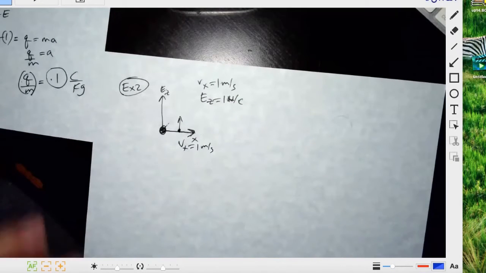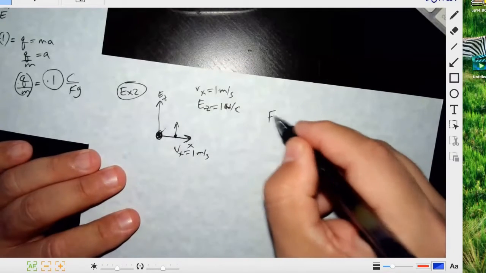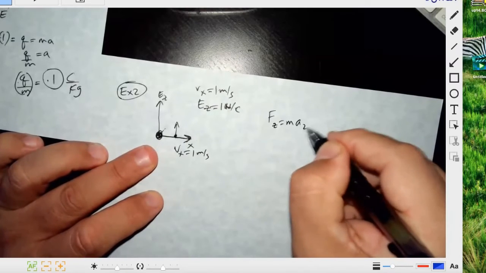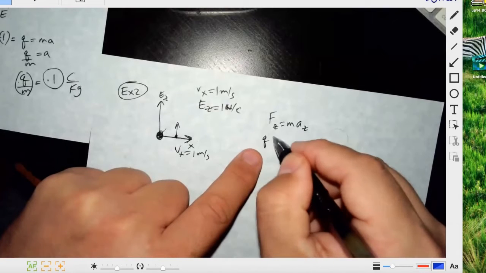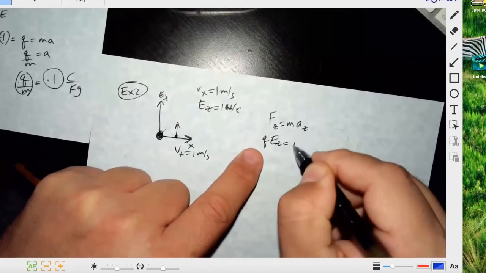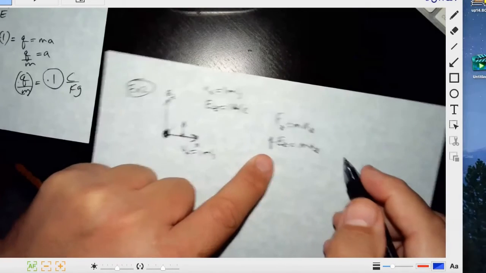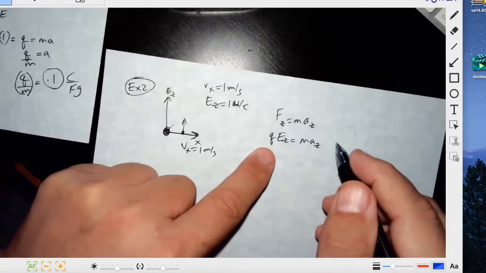So what kind of path will it have? So the x and we have Fz is equal to MAZ. Fz is going to be Q times EZ, MAZ. Let's see.